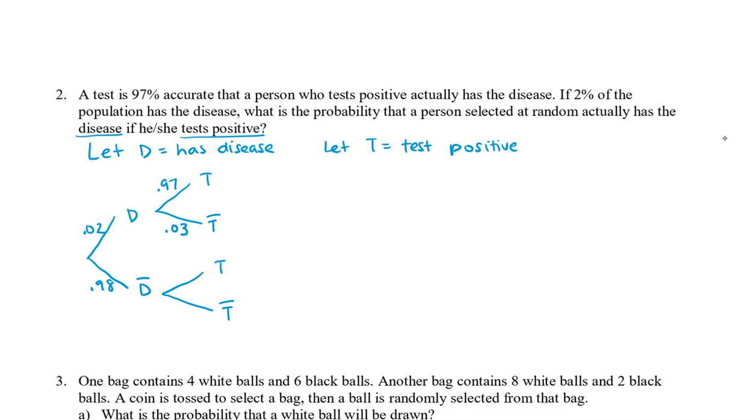Now, this is a little bit tricky, but if they don't have the disease, then the probability that they don't test positive, that should be accurate because the 97% is referring to the accuracy of the test. So if they don't have the disease, then they should be testing negative. So then, therefore, the 0.97 actually goes on testing negative because they don't have the disease. So therefore, testing positive would be 0.03, which is actually inaccurate because they actually don't have the disease.